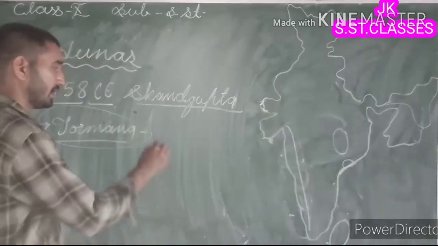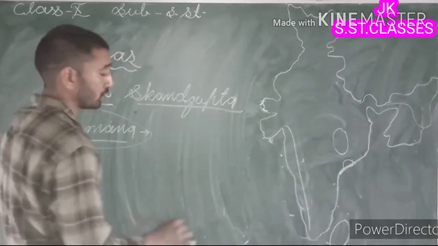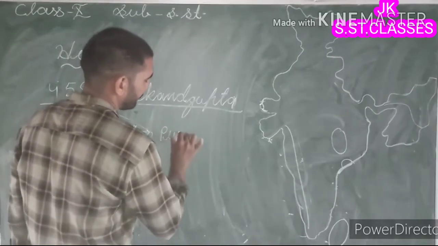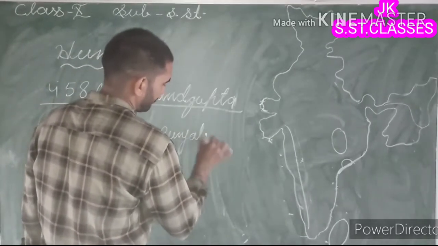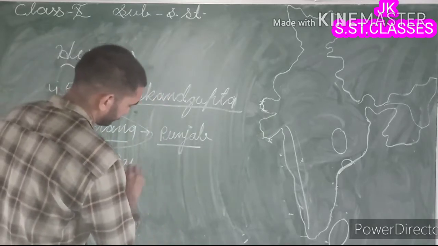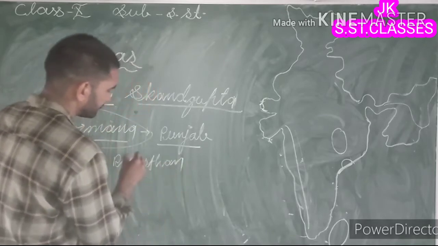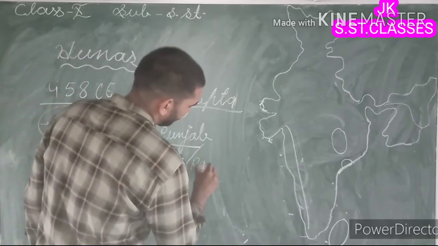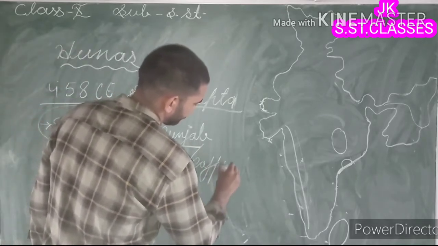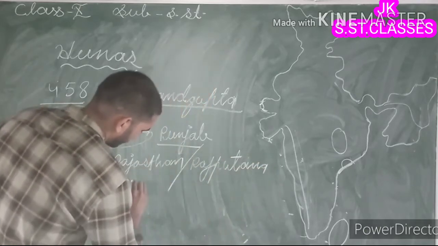In this way Tormana established his rule over the region of Punjab, Rajasthan, or we can say Rajputana, and Malwa.